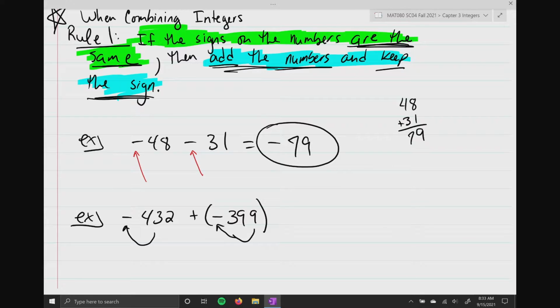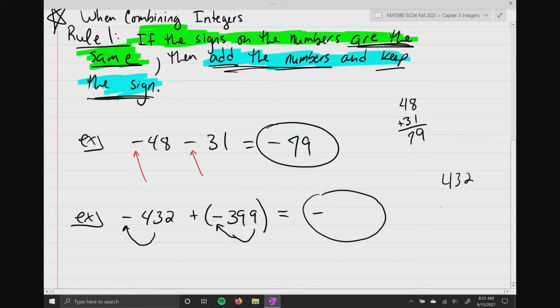Are the numbers the same sign? Yes. As soon as you say yes, Ashley, then add the numbers, keep the sign. You already know your answer is negative. The question becomes, what is 432 plus 399?